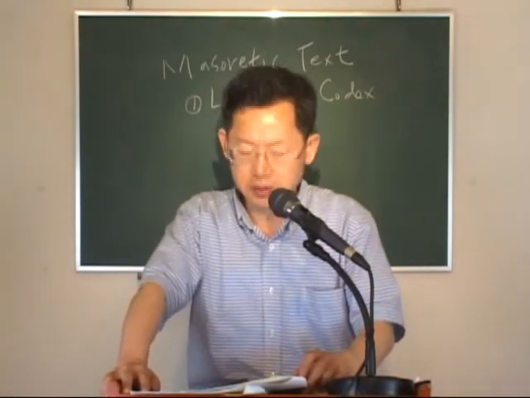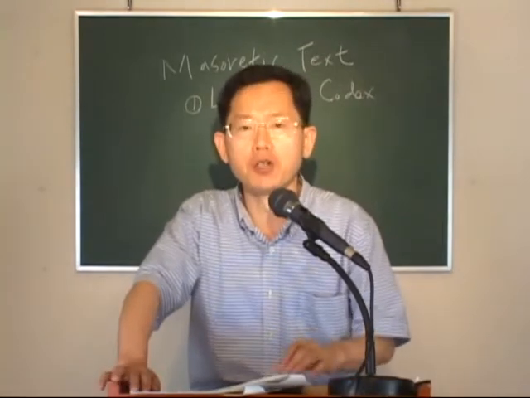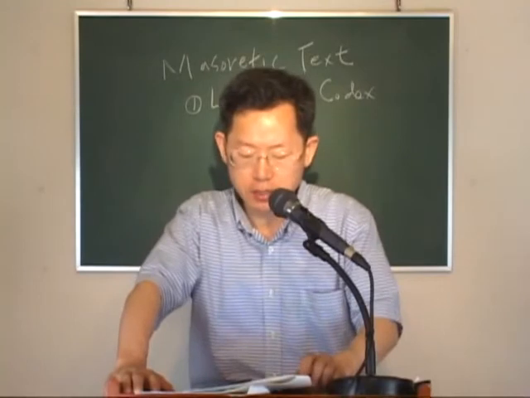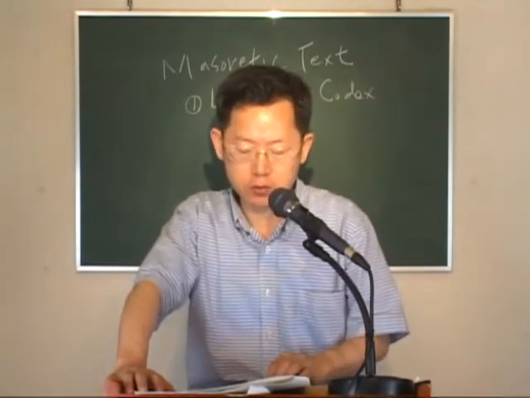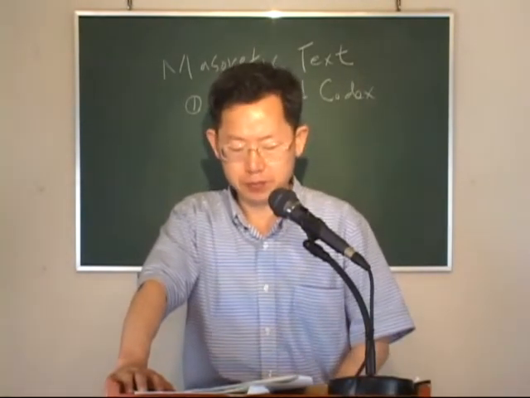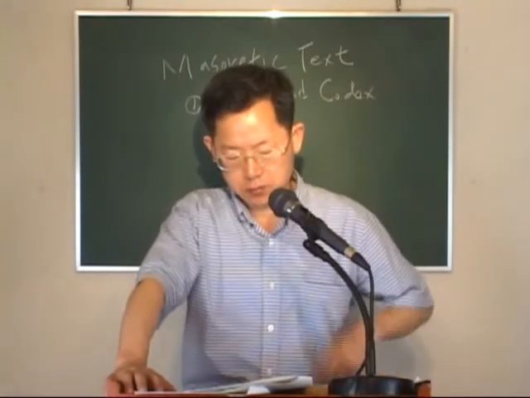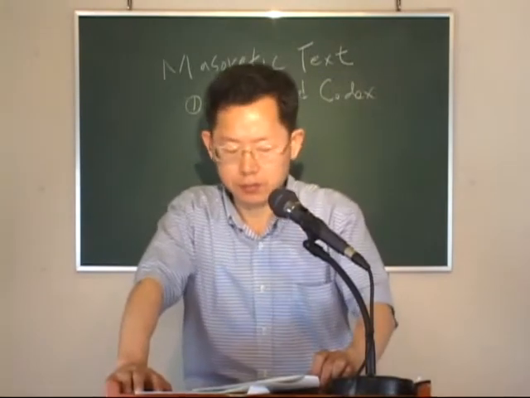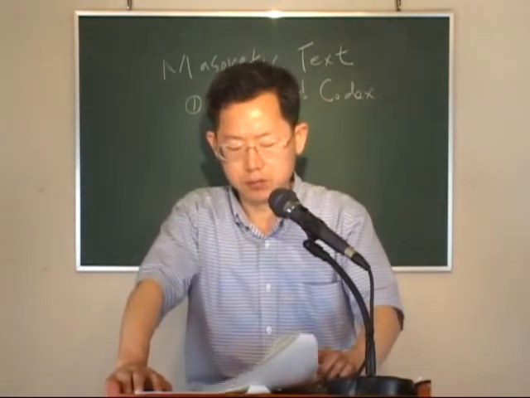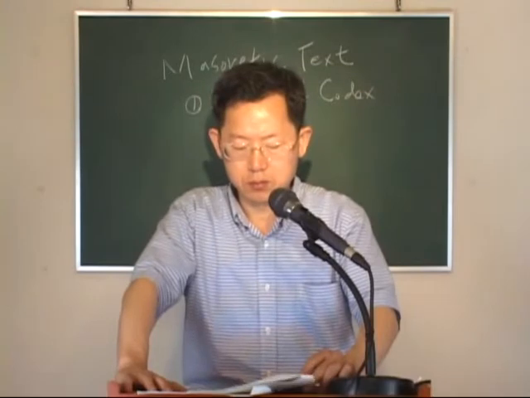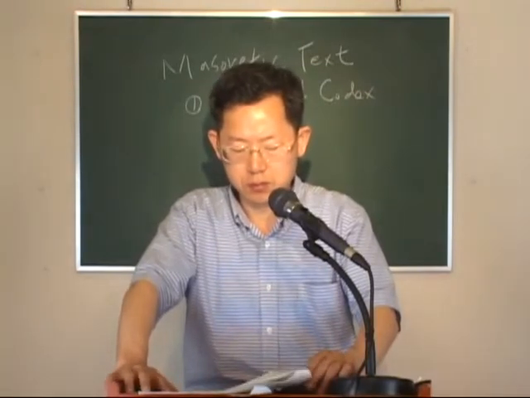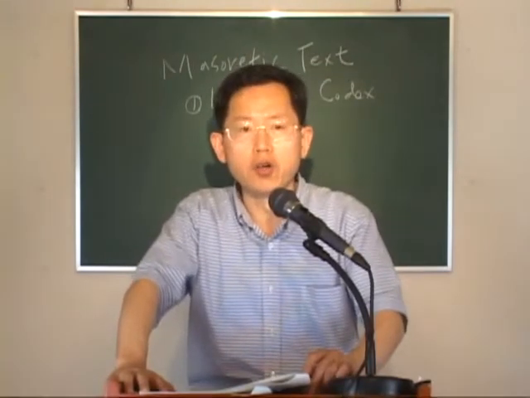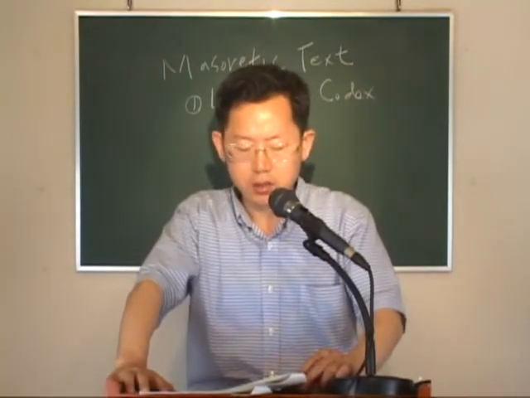However, we have been able to confirm that the Masoretic text is in fact close to the original text. We can confirm it through the Dead Sea Scrolls, which were recorded in the 2nd century BC.